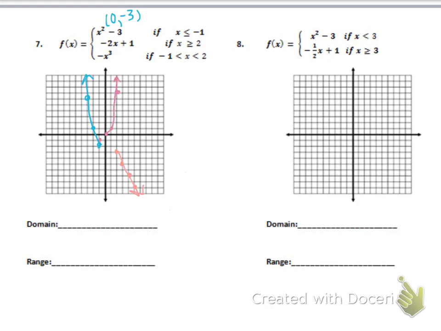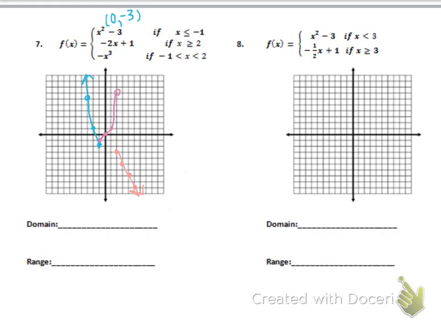Left one down 1, left one down 1, 2, 3, 4, 5, 6, 7. And I want it between -1, which is right there, and 2. So I need to stop it right out here, and 2 needs to be an open dot. I need to erase that dot down there.